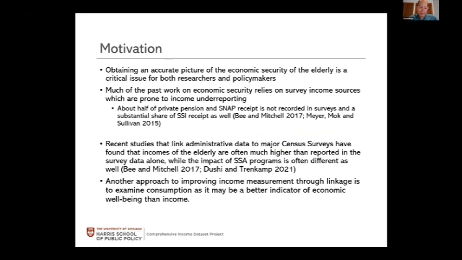About half of private pensions and SNAP receipt is not recorded in surveys, and a substantial share of SSI receipt as well. Recent studies that link administrative data to major census surveys have found that income of the elderly are often much higher than reported in the survey data alone, while the impact of SSA programs is often very different as well.